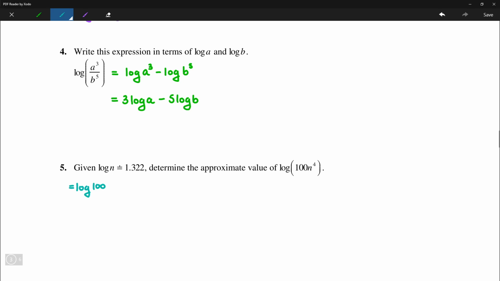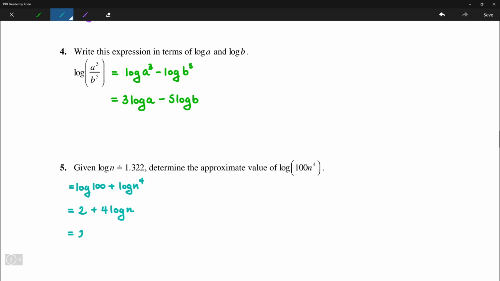We have log 100 plus log n to the 4th power. We know that log 100 is simply 2. And using the power rule, we can rewrite log n to the 4th power as 4 log n.